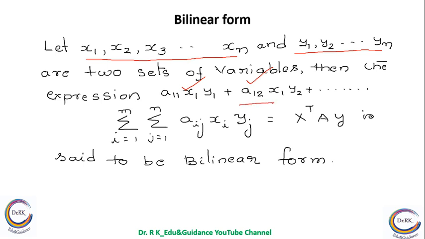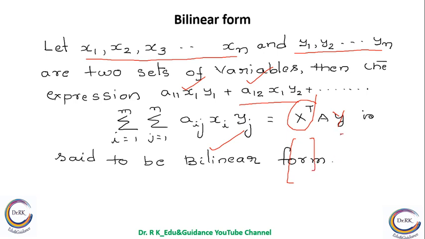This is called a bilinear form. Again, how do we represent this in terms of a matrix? It can be represented in matrix form as X transpose A times the other matrix Y. Here X is a column matrix consisting of all variables x1, x2, so on up to xn.